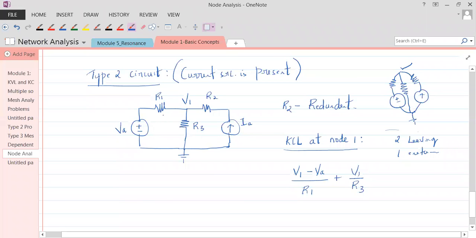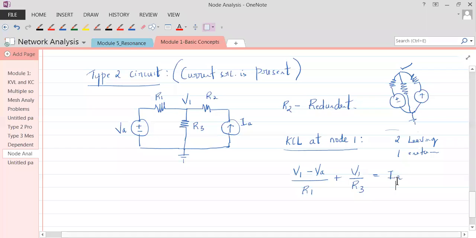Understand that? So what is the current here? It's the entering current. R2 is of no matter to me because this is redundant since it is in series with the current source. So what is the current that I'm getting? It is IA. So sum of the leaving currents is equal to sum of the entering currents. So this is how we see it.